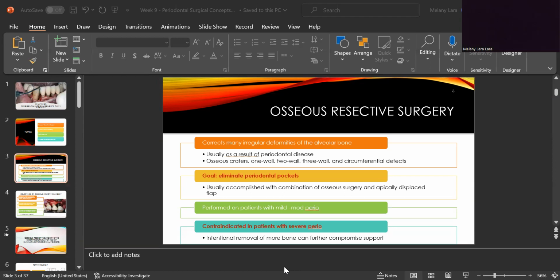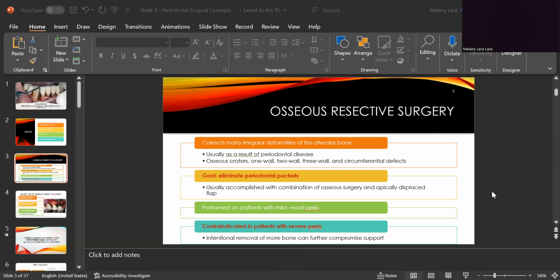I mean, we still are worried about it, but comparatively to a patient with severe perio, we can get away with performing this on mild to moderate perio cases, and it doesn't reduce the prognosis of the tooth. In fact, it improves the prognosis of the tooth. Okay. But if we were to remove bone on patients with severe perio where they only have 20% of bone still attached, that's going to end up increasing the risk of tooth loss. Okay.